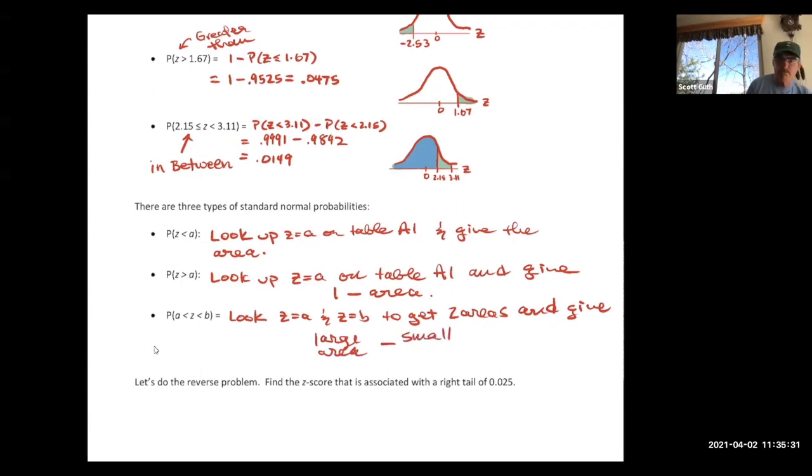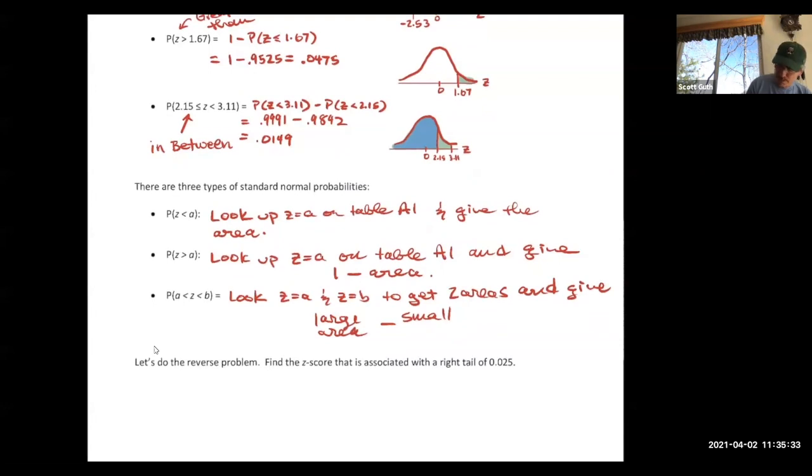You'd never do it the other way. The probabilities have to be positive, so you can't end up with a negative. You've got to do big minus little here. That looks like a Z, so we're going to make that look again like a 2. Okay, that's it.